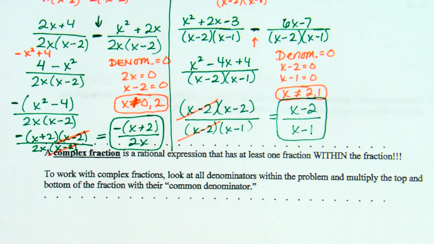Now, we have some options here. And here it mentions to work with complex fractions, look at all the denominators within the problem, and multiply the top and bottom of the fraction with their common denominator. And so, it's probably what we're going to do with the idea of being able to clear out fractions.